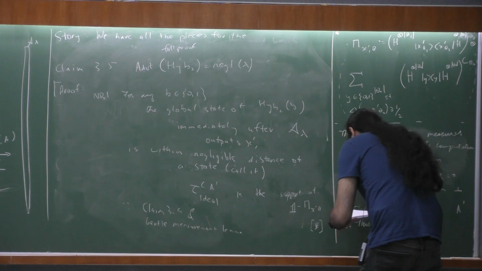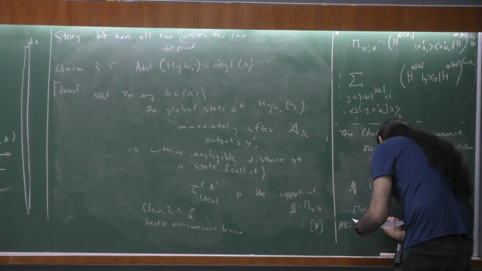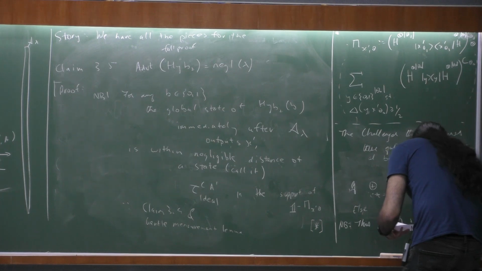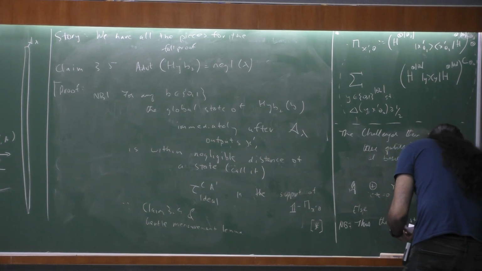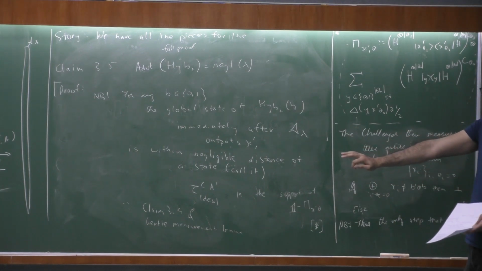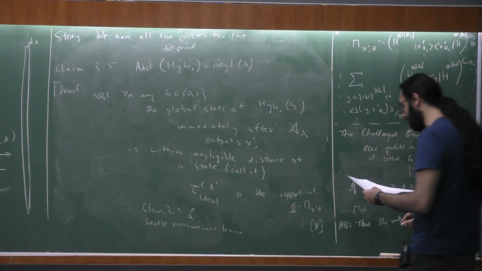So first, notice that this is the only step that depends on B. Because so far nothing depended on B. The entire analysis was independent of B, so that's good.